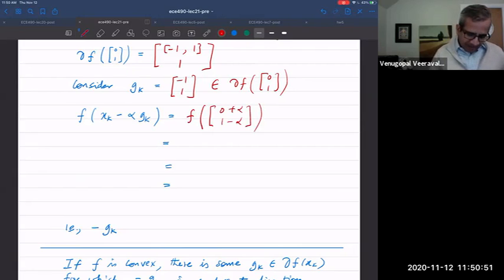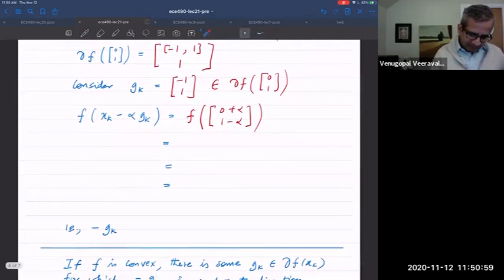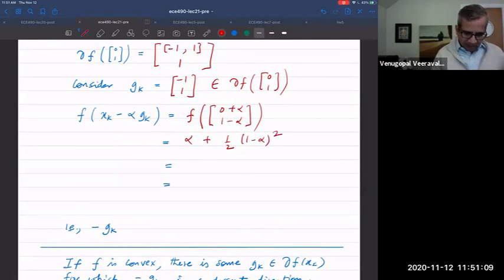By definition of f, it's alpha plus half (1 minus alpha) squared, since alpha is positive. So this is alpha plus half (1 minus 2 alpha plus alpha squared).